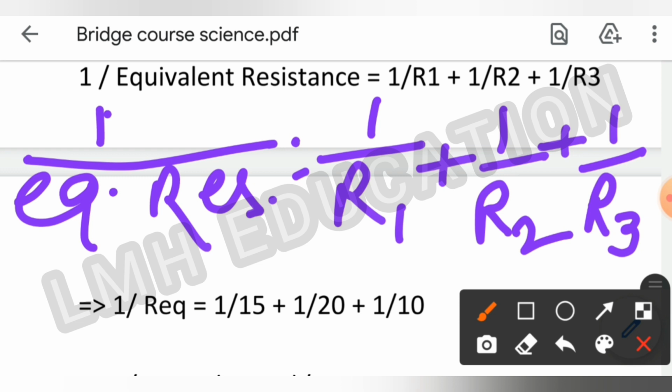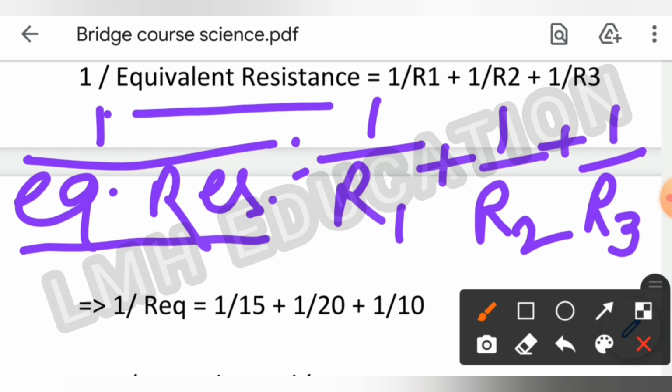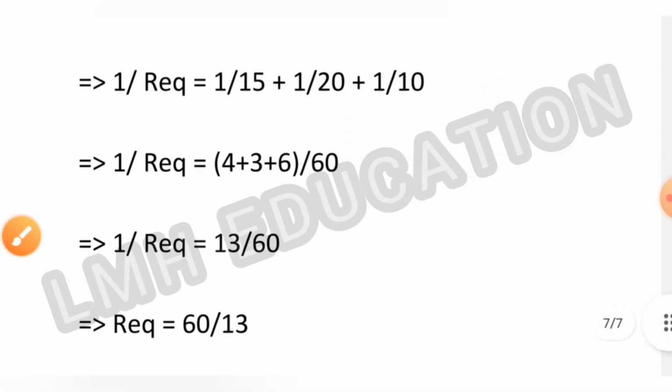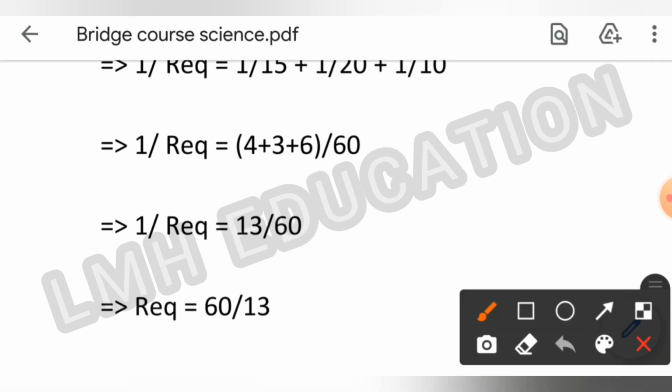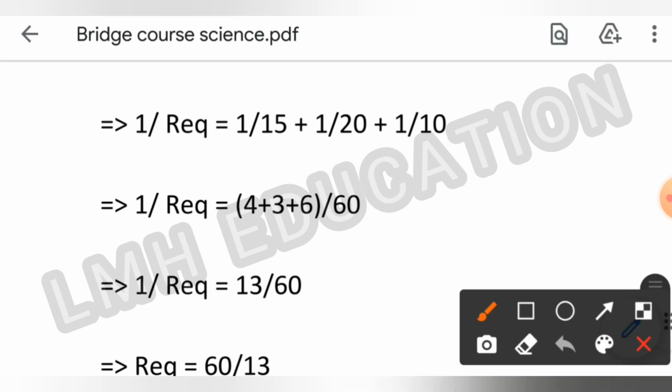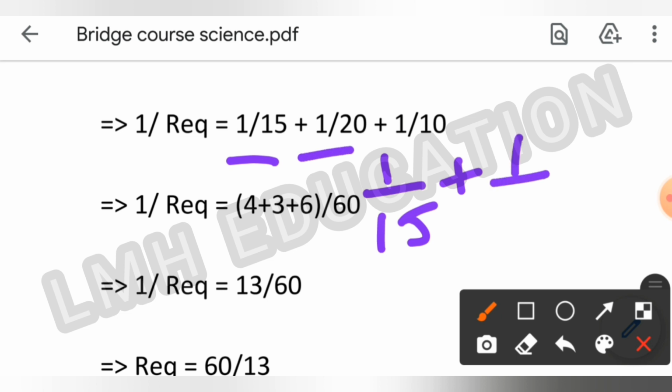So you have to write this formula, and then accordingly, this is the equivalent resistance which is written over here. Now next you have to write 1 by 15, plus 1 by 20 in this way, plus 1 by 10.